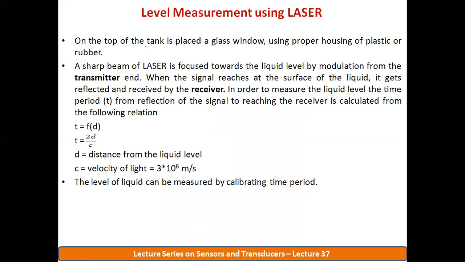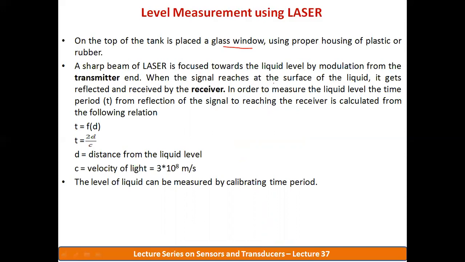So on the top of the tank is placed a glass window using proper housing of plastic or rubber. A sharp beam of laser is focused towards the liquid level by modulation from the transmitter end.